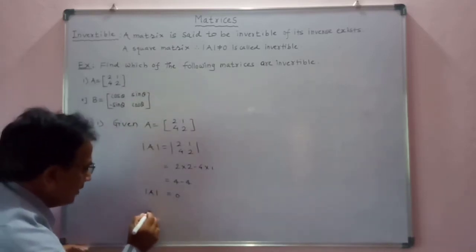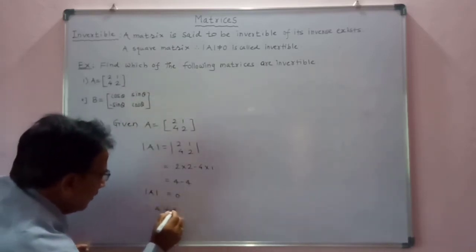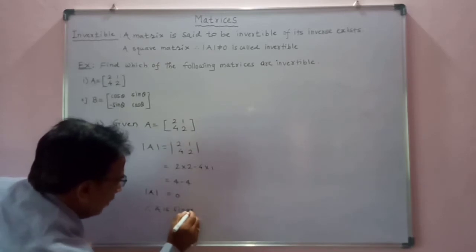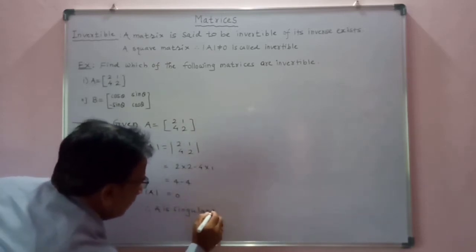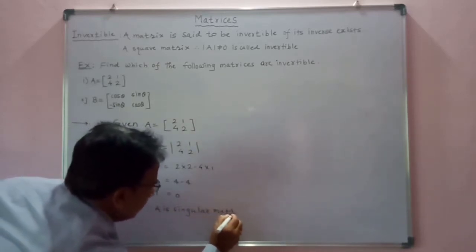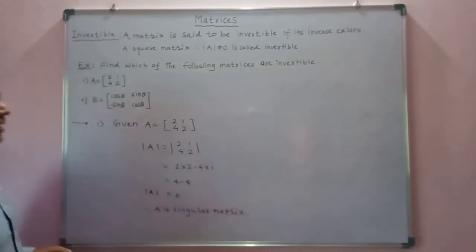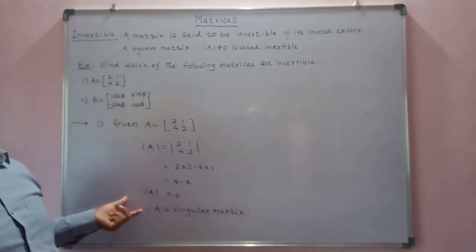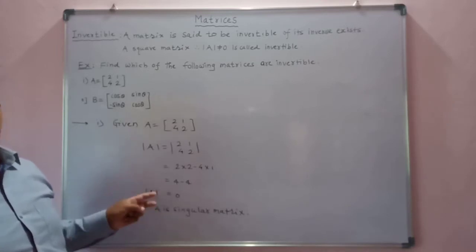Therefore, A is a singular matrix. Its inverse does not exist.